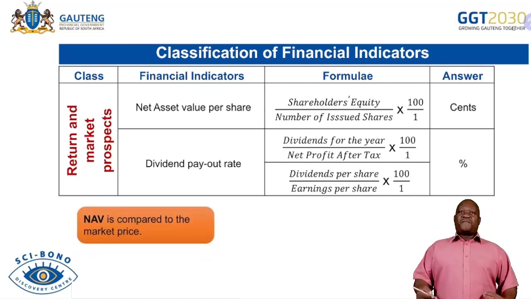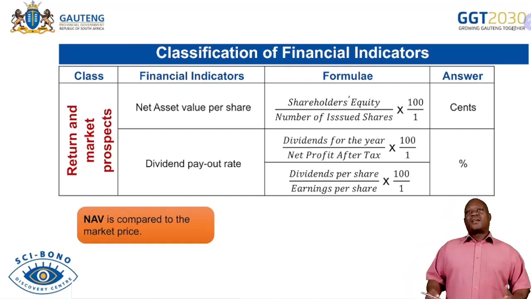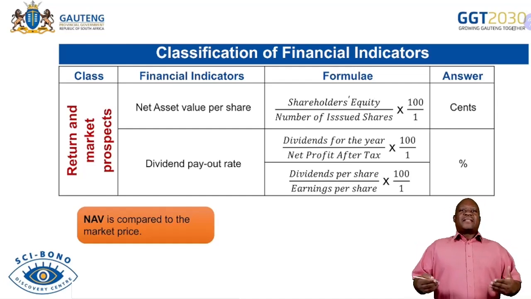The net asset value is always compared to the market price. So we are saying if the value that every share contributes towards our assets is 10 Rand, we expect our shares to be sold at 10 Rand on the stock exchange. But this is not usually the case.